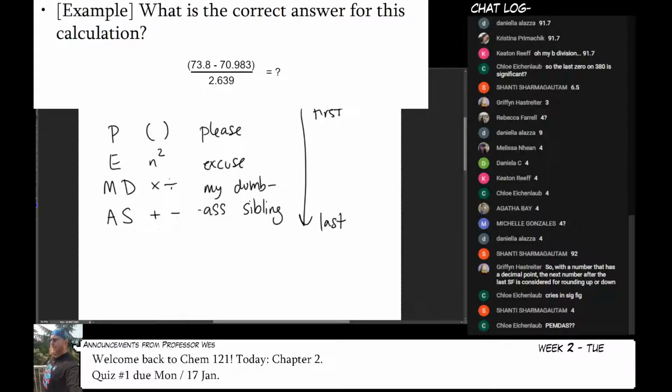So, for that operation, 73.8 minus 70.983 over 2.639, my parentheses will be done first. I do what's in the parentheses regardless of where it falls on PEMDAS, right? So I'm going to do that subtraction first.